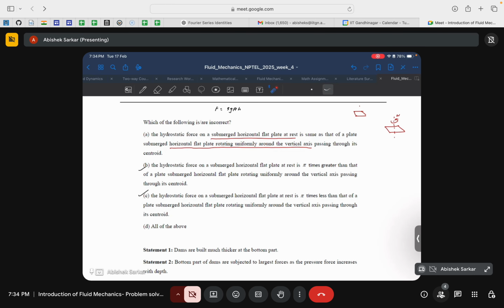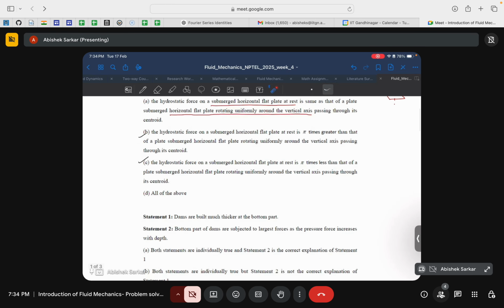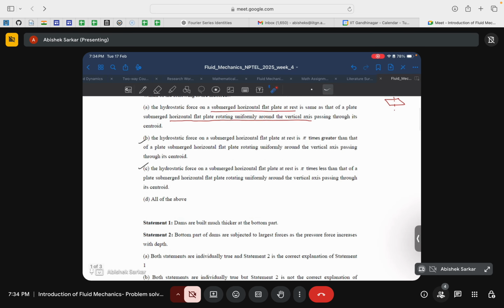But again, a counterintuitive argument can be made, and we will appreciate that. Discussions are all welcome. The basic argument would be that if we are not considering the inviscid assumption, then the rotation of the plate via the no-slip boundary condition might cause the fluid to also rotate.